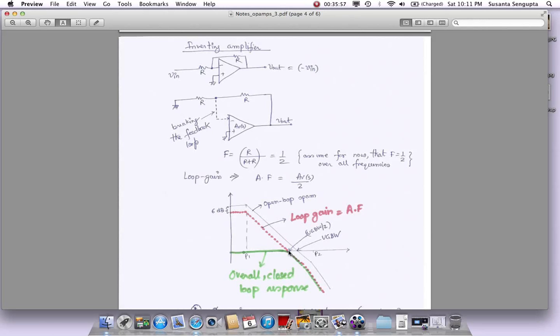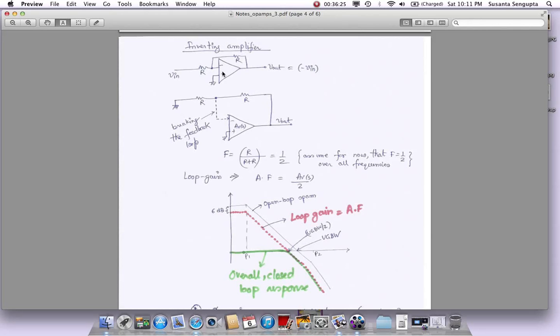That means when this system settles, all the small signal settling is not going to happen because of a 100 megahertz bandwidth. It will happen because of a 50 megahertz unity gain bandwidth. That is the key point to note here: open loop was really good, but because we have feedback of half, your unity gain bandwidth is actually smaller. So you have to keep that in mind.